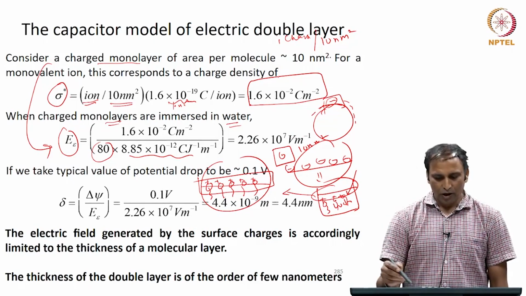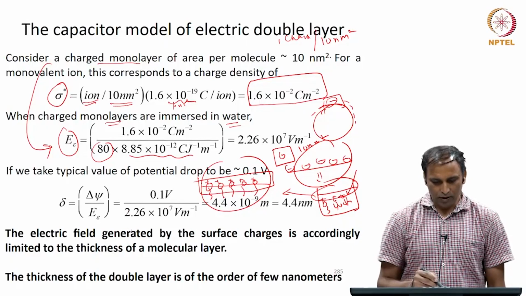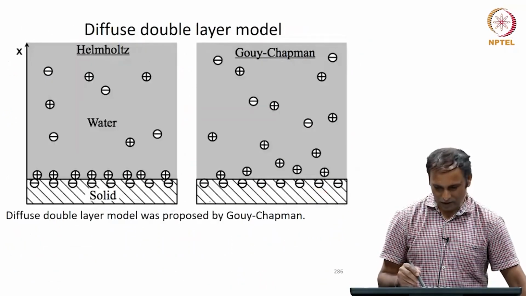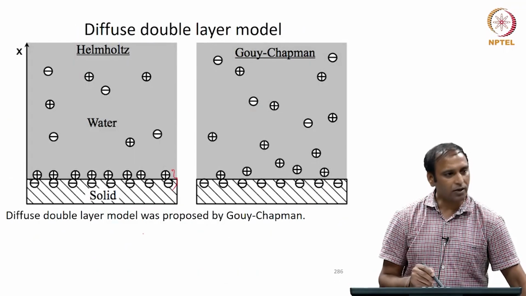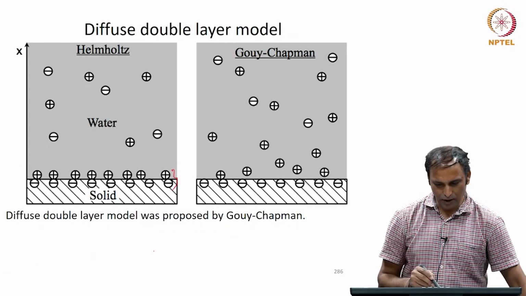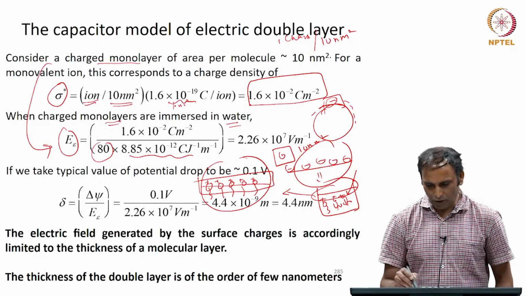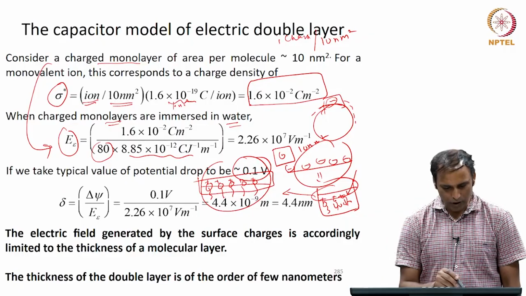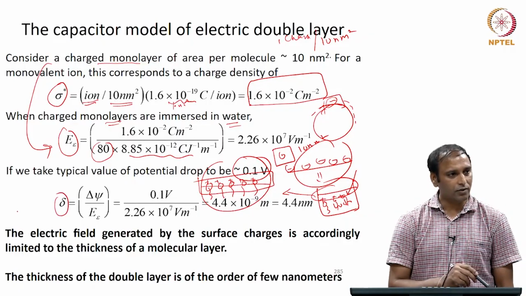Typically, when we talk about the potential drop across such charged monolayers, a typical value that people talk about is about 0.1 volts. If I substitute 0.1 volts, I can actually get delta.